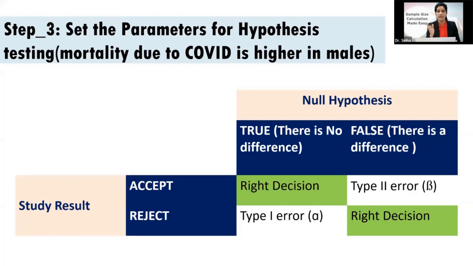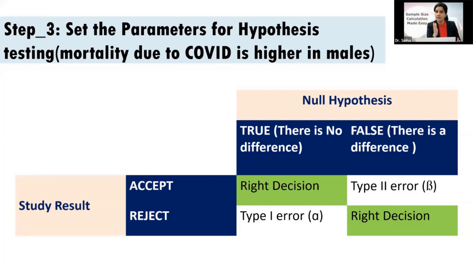That means there will be only a 20% chance that I am wrong. Obviously, if there is a 10% mortality difference, that means there is a difference. But there are only 20% chances that actually this difference was not existing. So in 80% of cases, this will detect it.